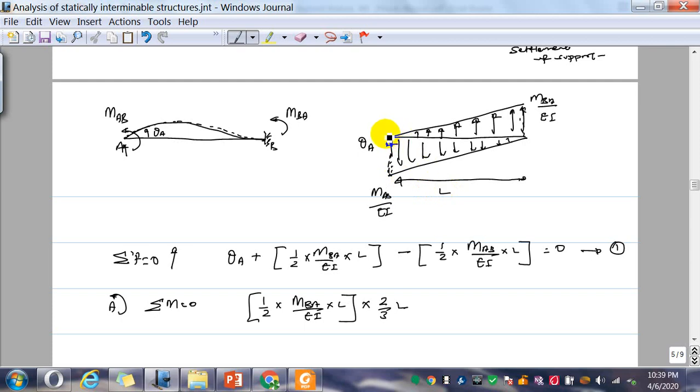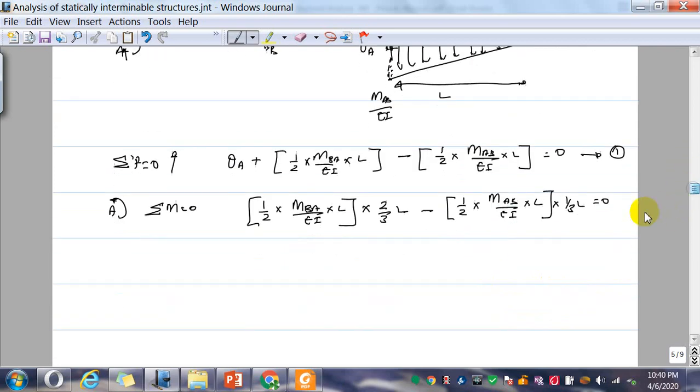I am taking moment about this point A, so it is 2/3 L for this top part of the load. Then this load cancels off for theta A because it is acting at the point. Then minus, you have the other one, half into MAB over EI into L into 1/3 L is 0.